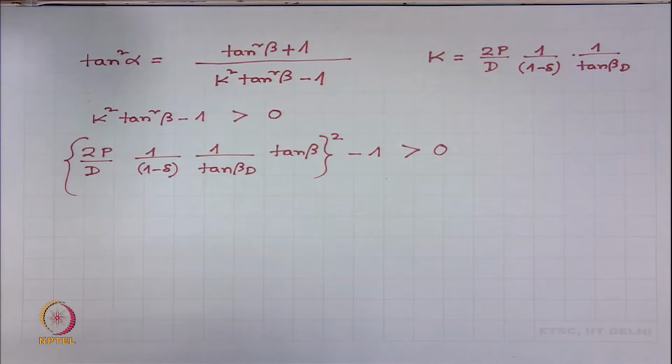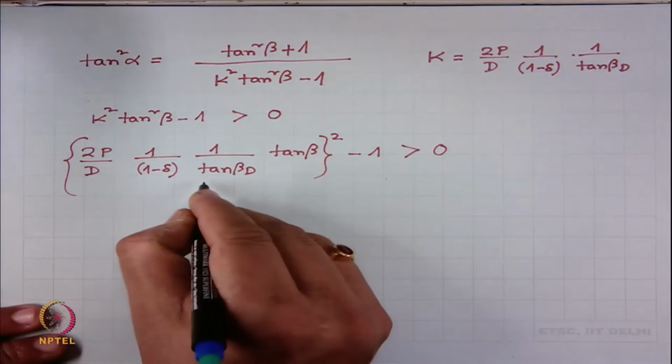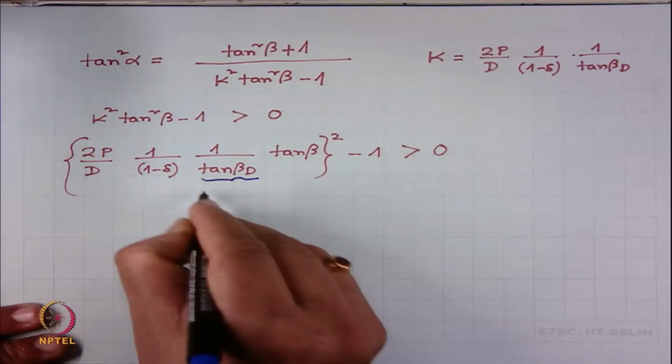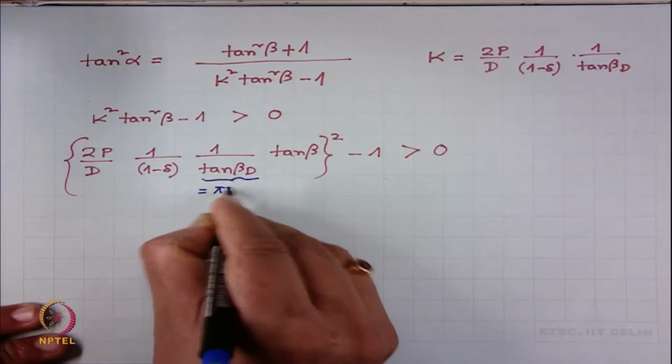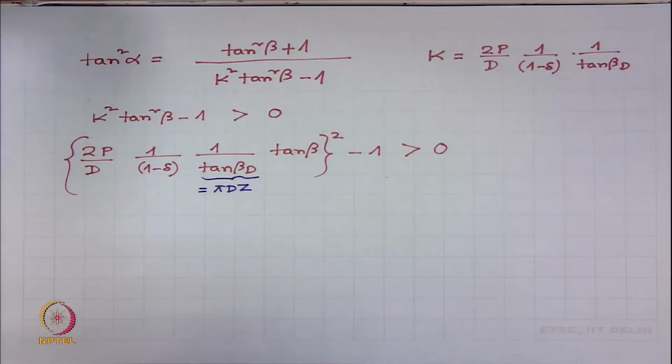What is tangent of beta d? That is equal to pi dz. And what is tangent of beta? 2 pi r z.